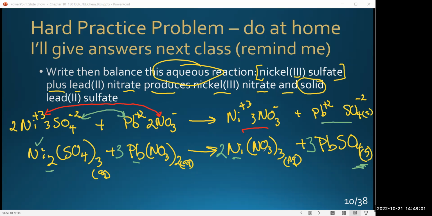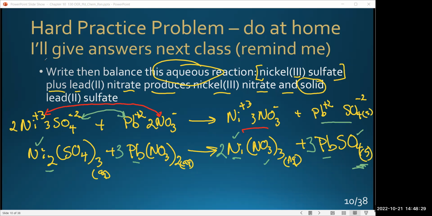They check out. 2 on the right. We've got 3 sulfates on the left, and guess what? We've got 3 on the right in the form of lead sulfate. So the sulfates are good. We've got 3 leads on the left, 3 leads on the right. We've got 6 nitrates on the left, 6 on the right. So everybody's happy and we've got it balanced.